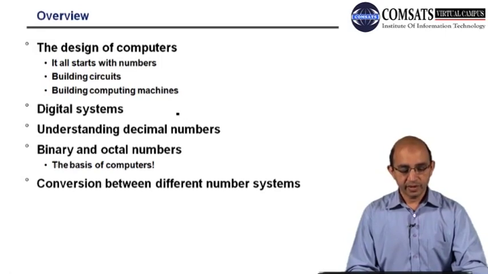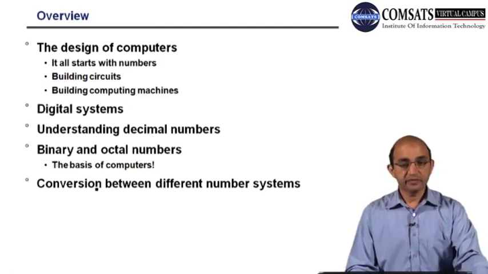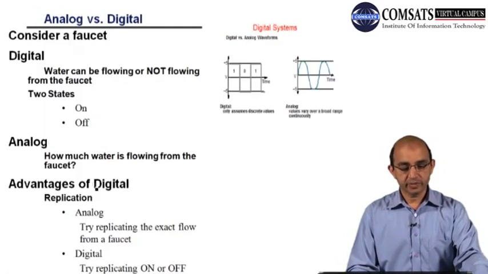So digital systems: what are the pros of digital systems? If there are certain limitations or cons, then we will also be discussing the disadvantages of using digital systems. We will cover the decimal, binary and octal number systems, and then the conversion between different number systems.